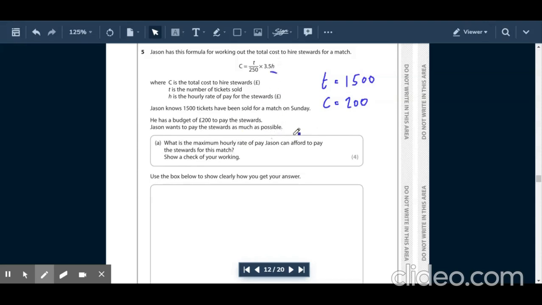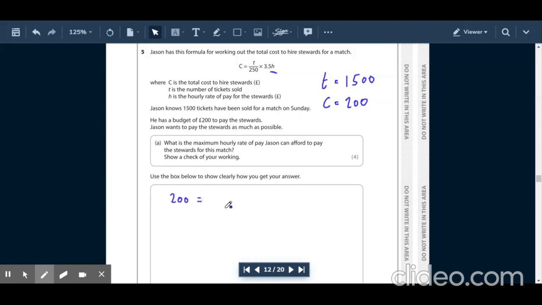So we're going to have to do a little bit of working backwards here. So the first thing I'm going to do, I'm going to replace the letters with the numbers. So T, 1,500, I'm going to put here, and C, 200, I'm going to put there.